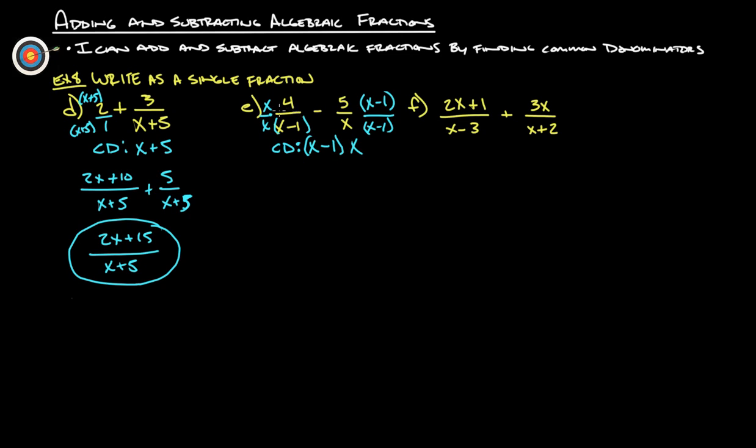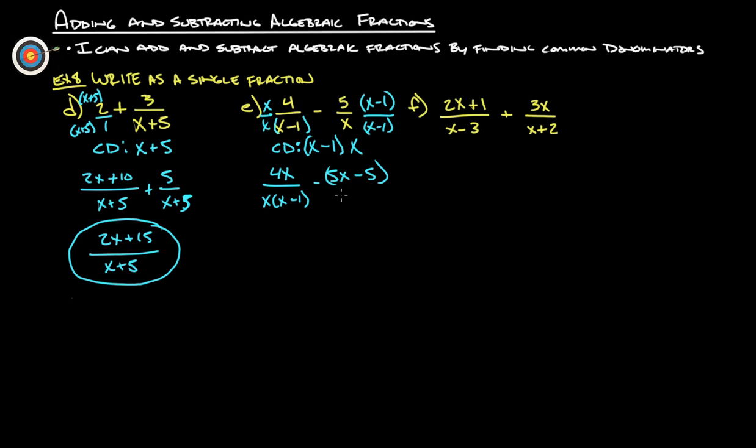All right, so top multiplies 4 times x is 4x. Bottom is x times x minus 1, and we can just leave it as x times x minus 1, which is our common denominator there. And then minus 5, got to distribute that 5 through, so 5 times x is 5x minus 5, right?